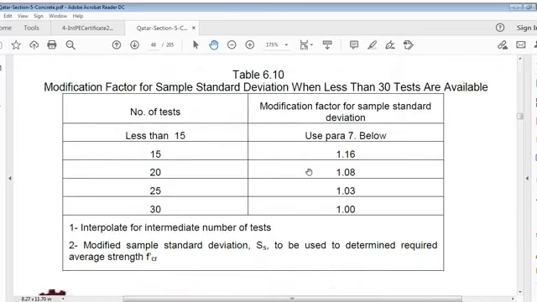Now, modification factor for sample standard deviation when less than 30 tests are available. Number of tests and modification factor for sample standard deviation. Less than 15 tests, use para 7 below.